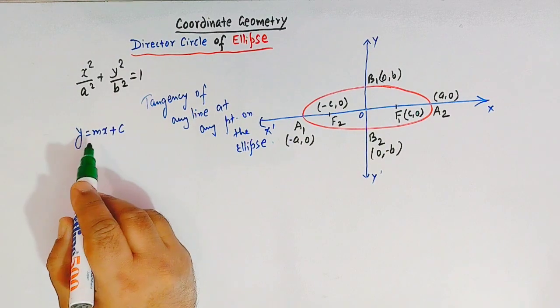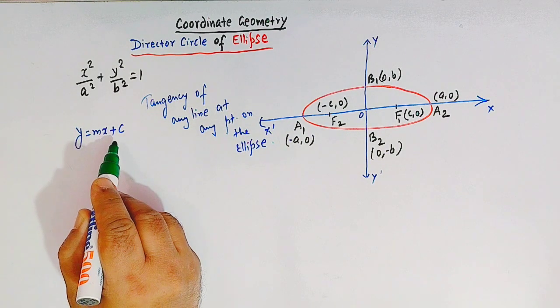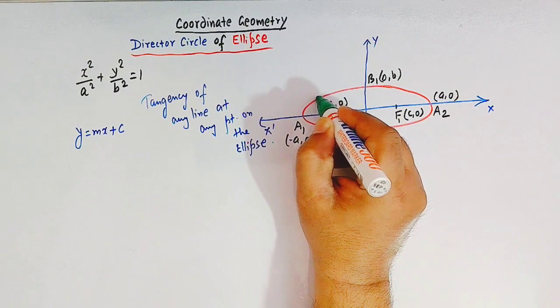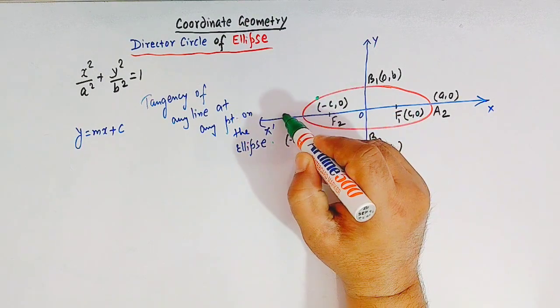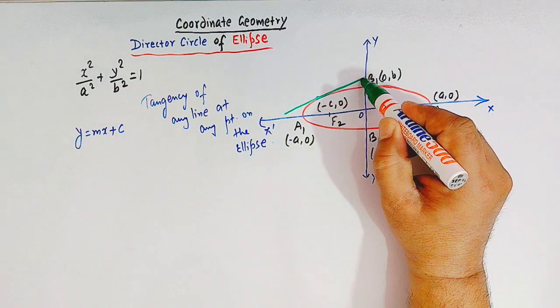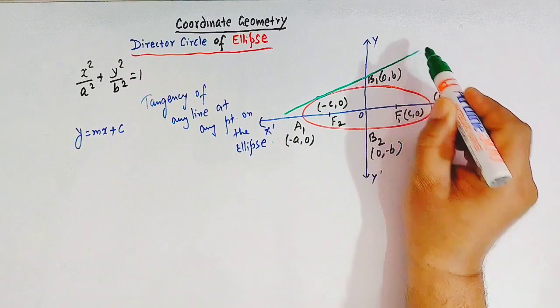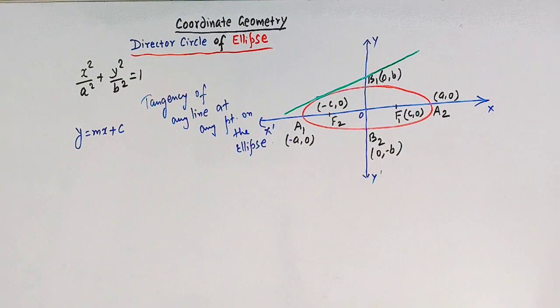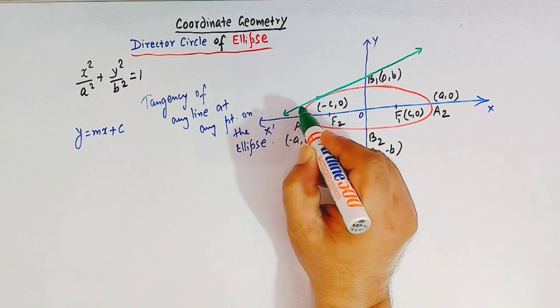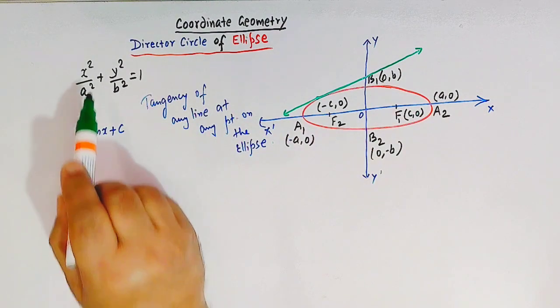If this line y is equal to mx plus c is tangent to this ellipse, say at this point, then we can draw the tangent like this. This is a very important concept to discuss the director circle. This line is tangent to this ellipse.